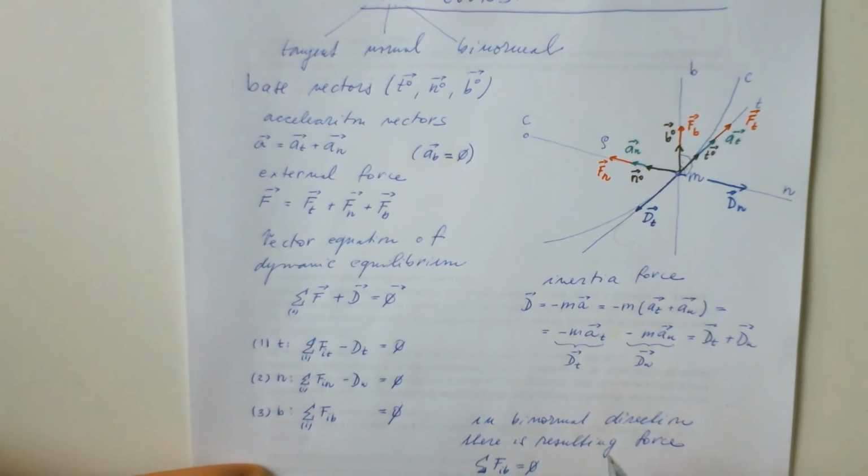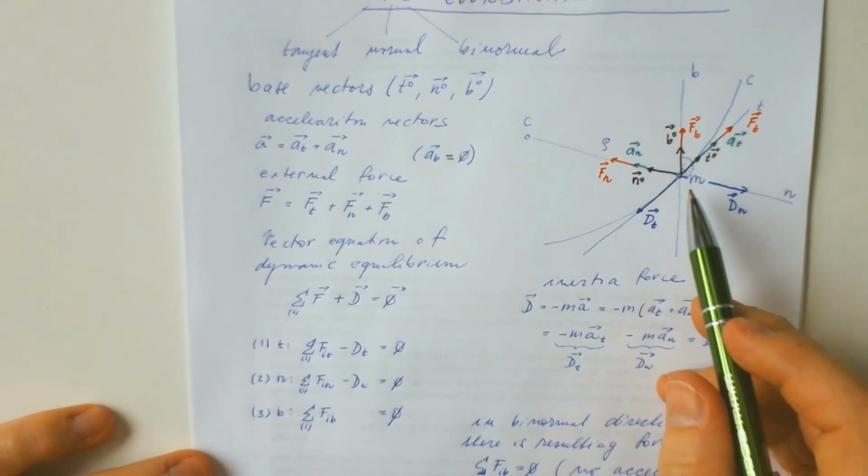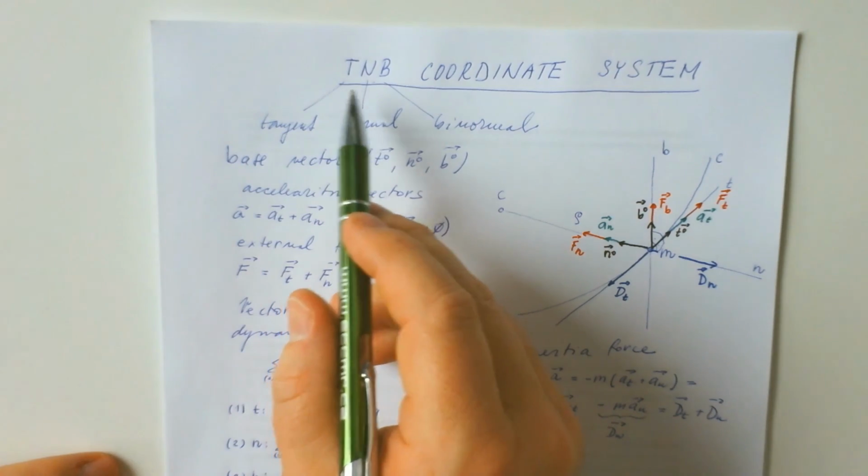So if there is no force, there is no acceleration in binormal direction. This is a feature of this coordinate system TNB.